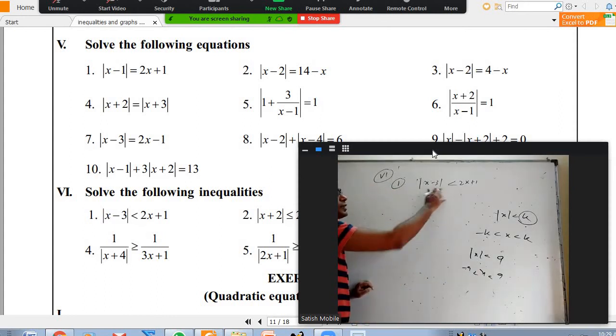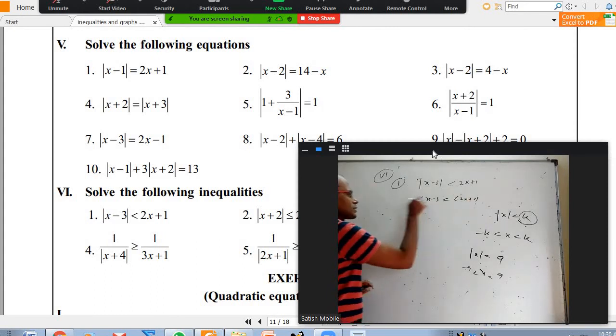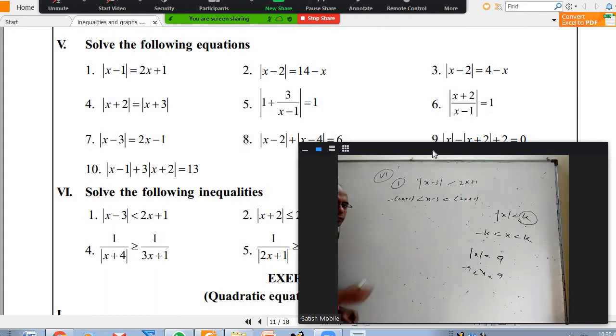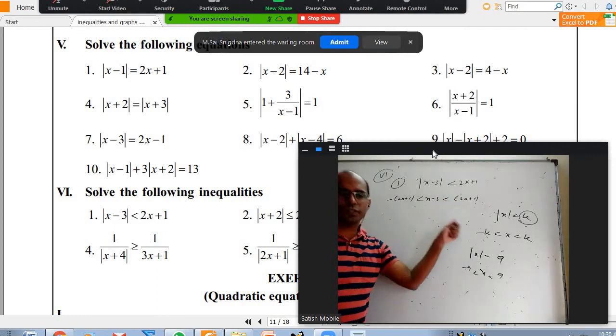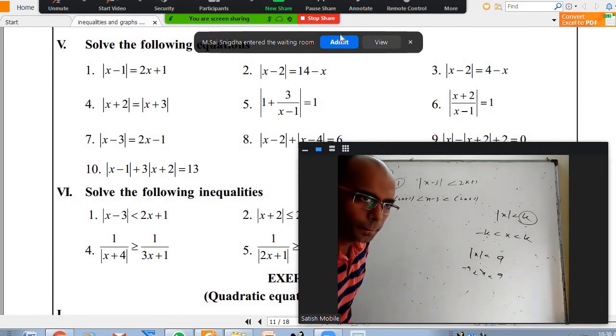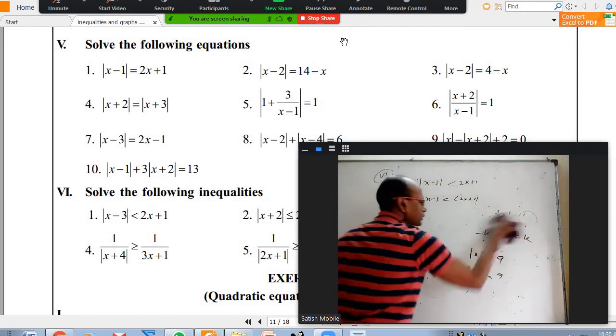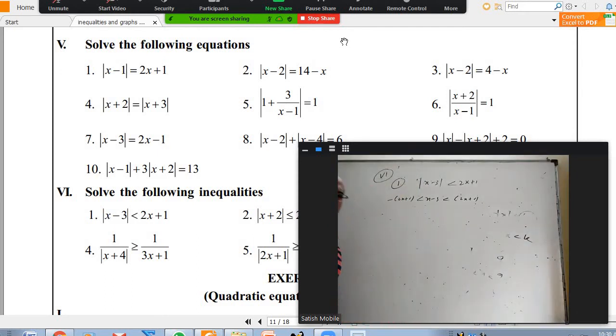So, one can write here: x minus 3 less than 2x plus 1 and x minus 3 greater than minus of 2x plus 1. Nothing wrong. They can write that, provided they know 2x plus 1 is positive. If it is negative, we cannot do that. Of course, it's okay. Nothing wrong here.